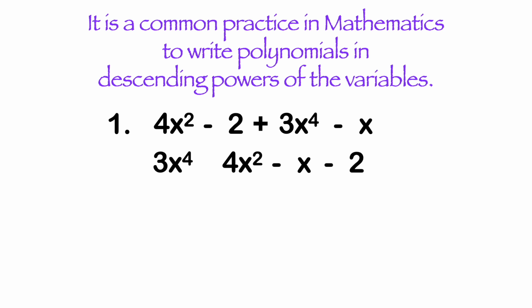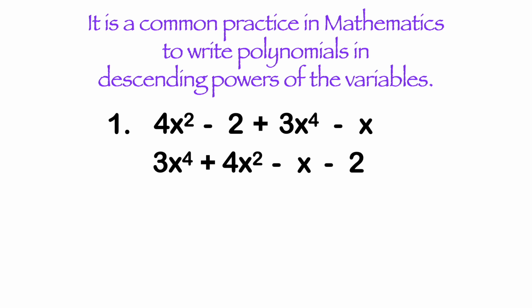So, isulat na lang natin yung positive para magkaroon siya ng operation between 3x to the fourth power and 4x squared. Ayan, lagay tayo ng plus. So, the order is 3x to the fourth power plus 4x squared minus x minus 2.